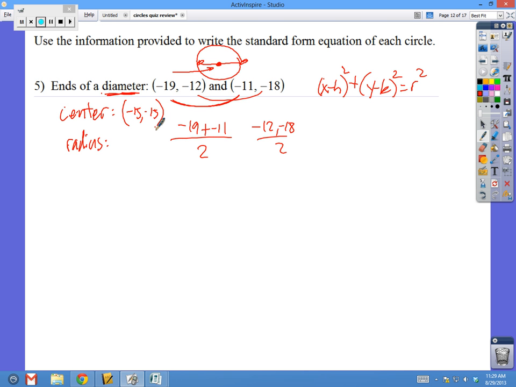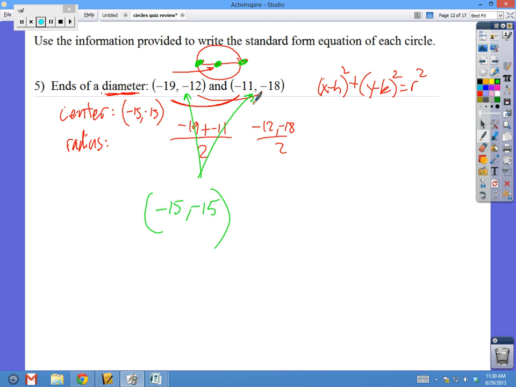Now I just have to find the r. R is going to be your radius. So your radius is going to come from either the center to this dot or the center to this dot. So it does not matter, but I must use the center. I've got to use (−15, −15). The other dot is either going to be this end point or this end point, and it does not matter.